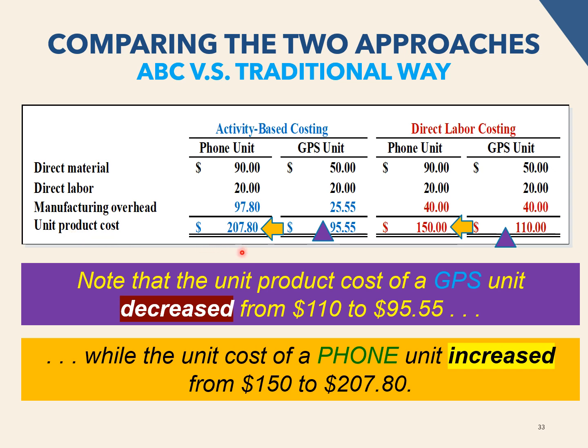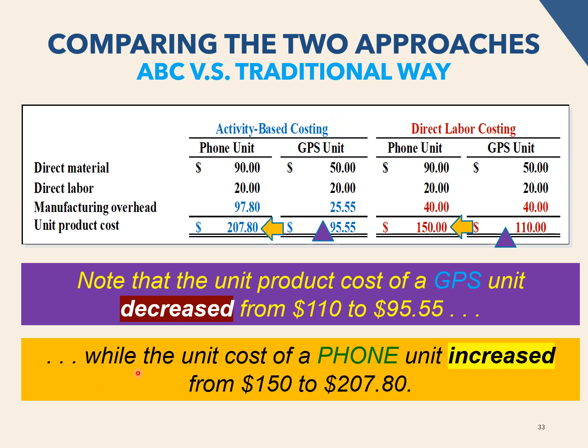You can see that the unit product cost of a GPS unit decreases from 110 to 95.55 from here to here. This is the traditional way, and this is the ABC.